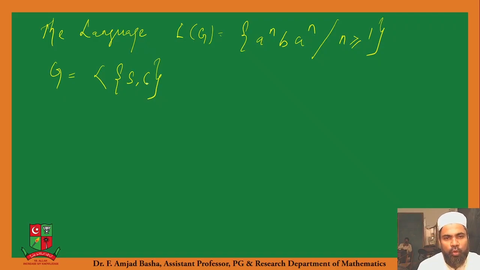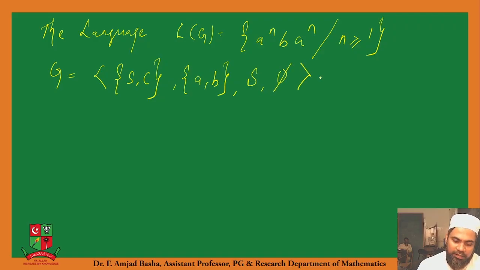We have two non-terminal symbols in this, and S is a special symbol which is used as a starting symbol. Then followed by two non-terminals, which are A and B, and the start symbol S, and phi as the set of productions. We'll have a look at the different types of productions which are being used over here.